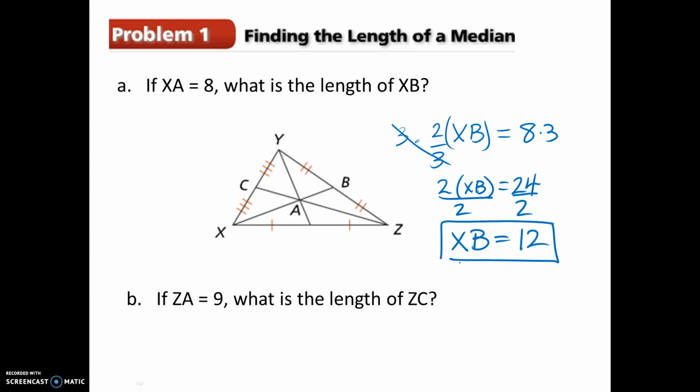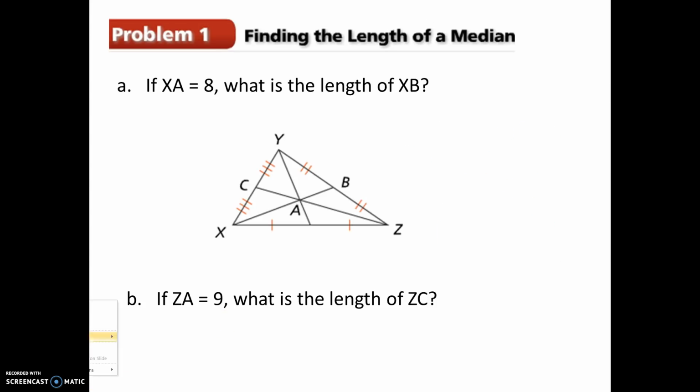For the second one, I'm going to show you a different way to do it. So if ZA equals 9, what is the length of ZC? I'm going to erase my inking and start over. ZA is 9. I know that this piece is longer than AC, so it's the 2/3 one instead of the 1/3 piece. If it's 9, then I know if I cut it in half, this is 4.5, that's 4.5.